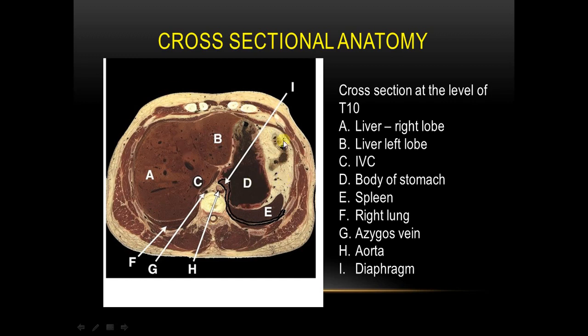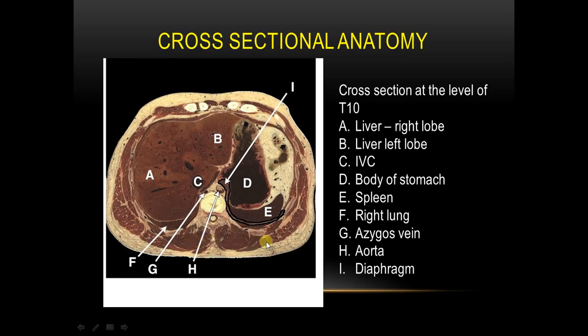Okay. So here, for the sake of illustration, I have given a section at the level of the 10th thoracic vertebra. What structures can you encounter? Of course, here you are able to see on the right side the large structure, which is the liver, and this is the stomach, and the spleen you are able to see here, and this is the vertebral canal with the spinal cord inside, and all these are muscles of the body wall, anterior abdominal wall and posterior back muscles.